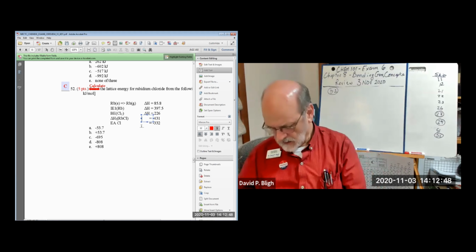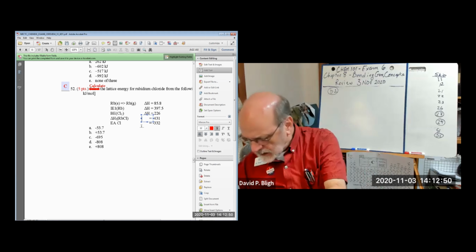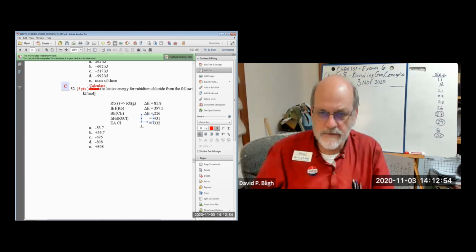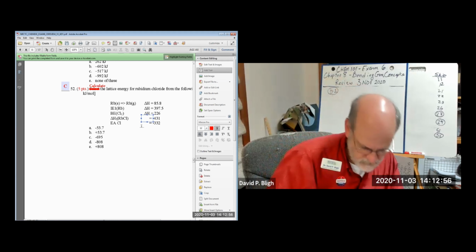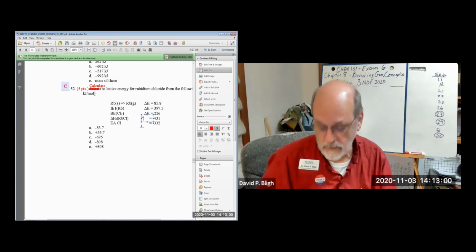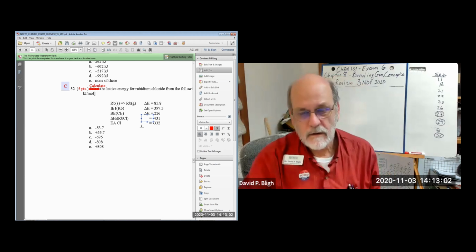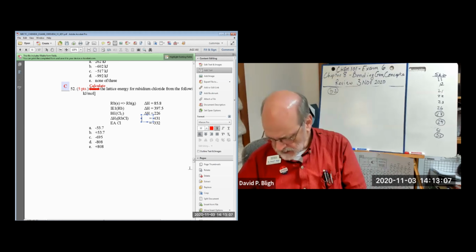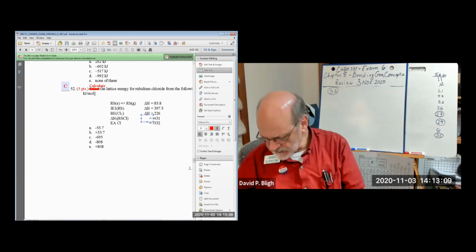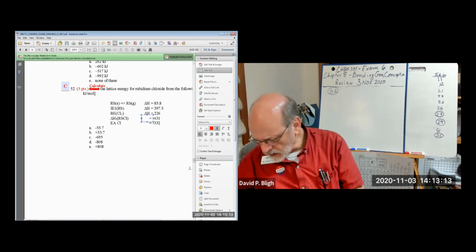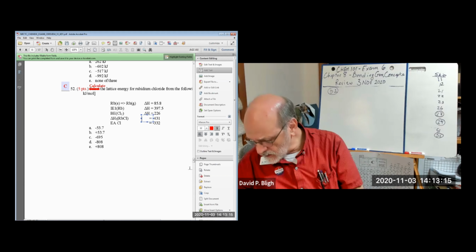Hold on a second. I need some symbols. Let's see if this will work. Nope, won't work. I'm using my extended character set commands. That one didn't work.